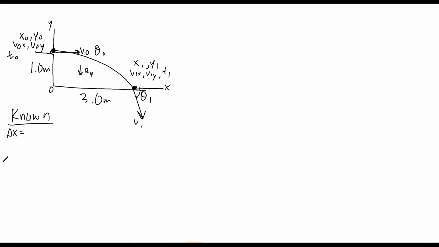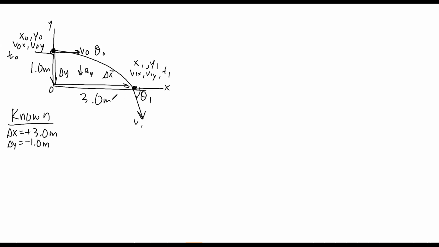These are vectors, so they need signs. So this is plus 3.0 meters. And delta y, this will be important later, is minus 1.0 meters. You go down. We can draw that quickly on the figure. This is our delta y vector, and this would be our delta x vector.